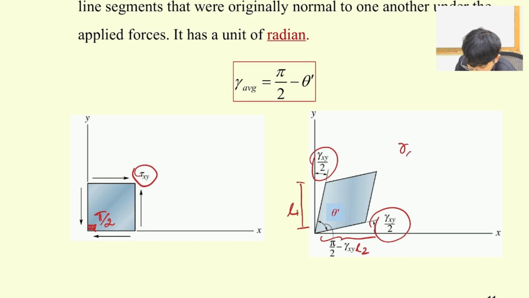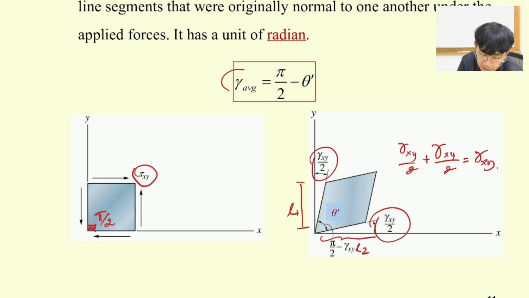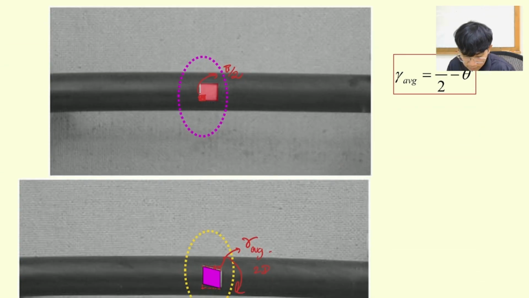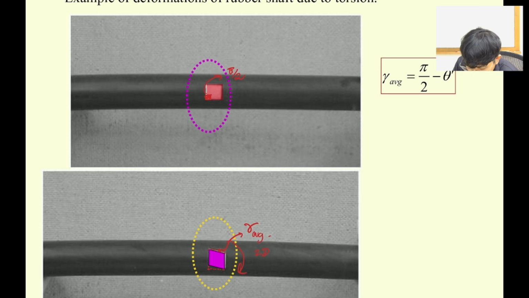So if this one's y/2 plus y/2, it's going to be equal to just the gamma xy only. Okay, so that's why we have the gamma average over here equal to pi/2, which means the original shape, minus the change in angle over here. And if you remember, it's going to be gamma L equal to phi by r.